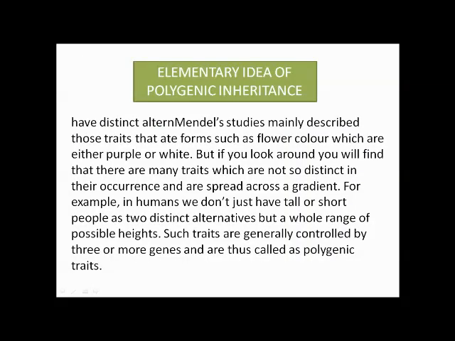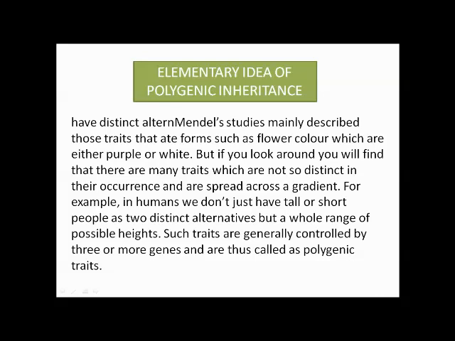The other important concept is polygenic inheritance. Now, Mendel's studies mainly describe those traits that are distinct, such as flower color, which is either purple or white. But if you look around, you will find that there are many traits which are not so distinct in their occurrence and are spread across a gradient.